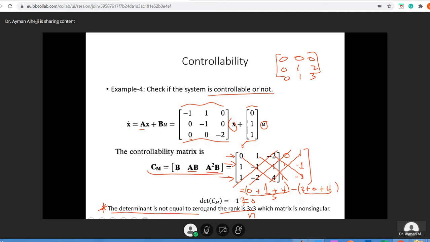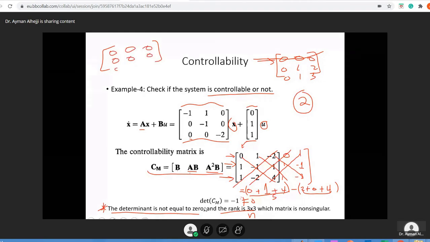So imagine you have another system filled with 0 and only one number, which is 3. I call this rank 1. Why? Because this row is 0, this row is 0, and this row has at least one element.